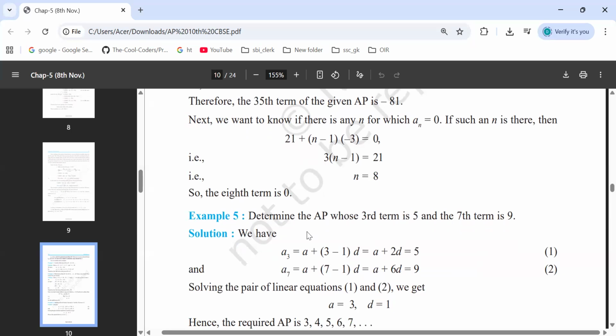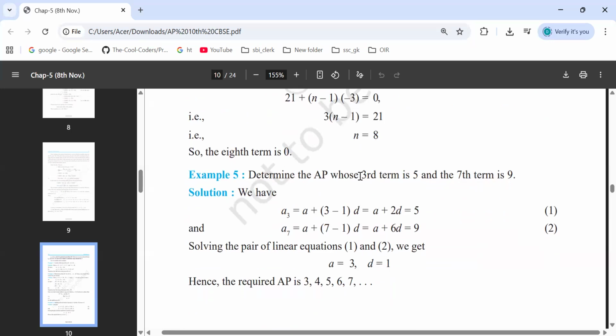I hope you guys get what I'm trying to say. We have to check whether this AP can provide us a 0 value. When we put 0 on the right hand side in place of an, and equate 21 plus (n minus 1) into minus 3 with this value, we can clearly see that the value of n is coming out to be 8. So the 8th term of this AP is equal to 0.